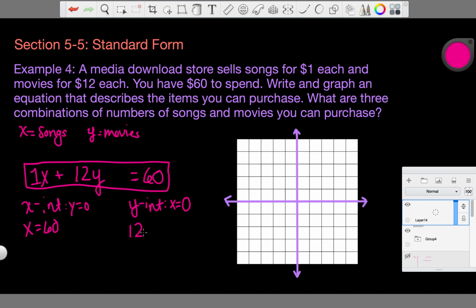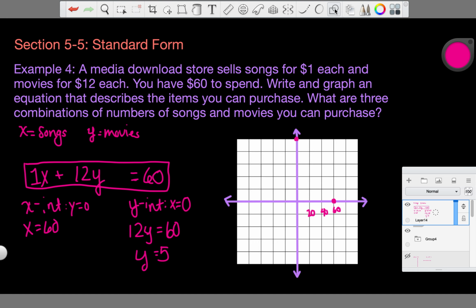So we get that 12y equals 60, meaning that y equals 5. So obviously we don't have 60 lines on our graph to graph this 60. So let's just say that this is 20, 40, 60 right here. So our x-intercept is 60 and our y-intercept is 5.